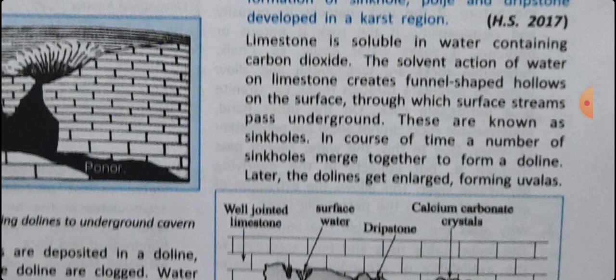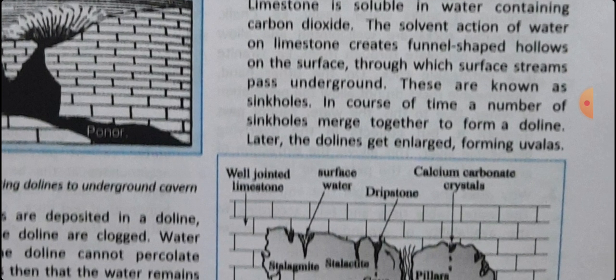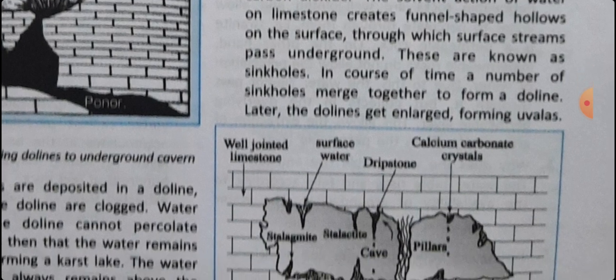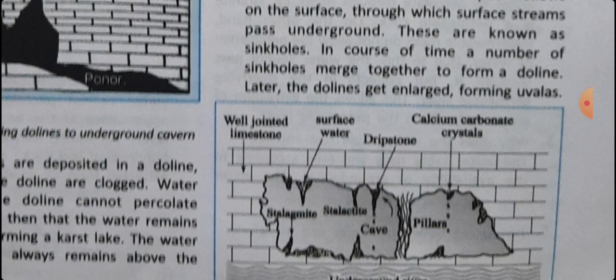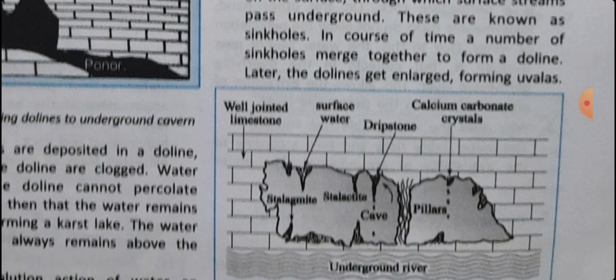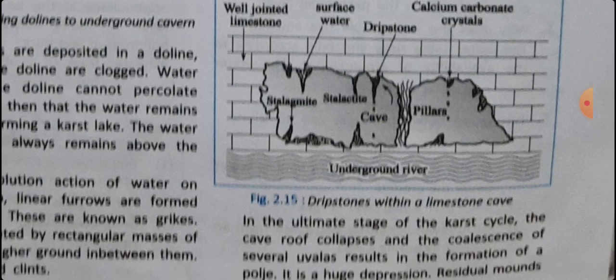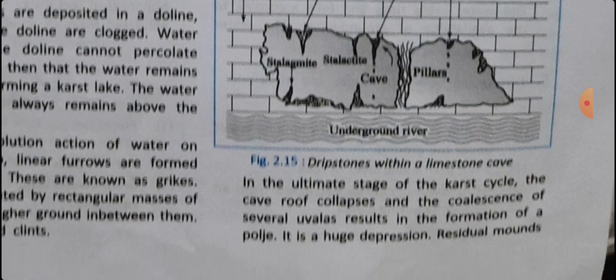The solvent action of the water on limestone creates funnel-shaped hollows on the surface, through which the surface streams pass underground. These are known as sinkholes. In course of time, a number of sinkholes merge together to form a doline. Later, the doline gets enlarged, forming uvalas. Okay, so you have to draw this drawing also.